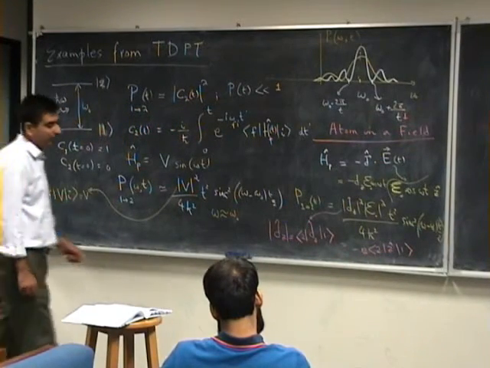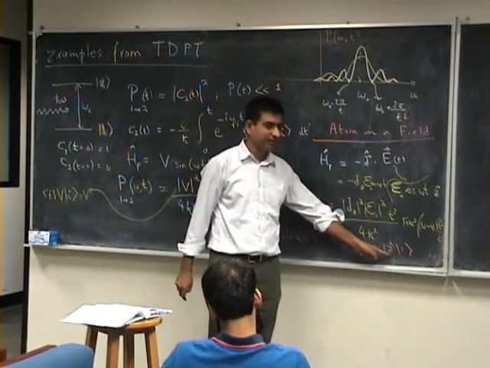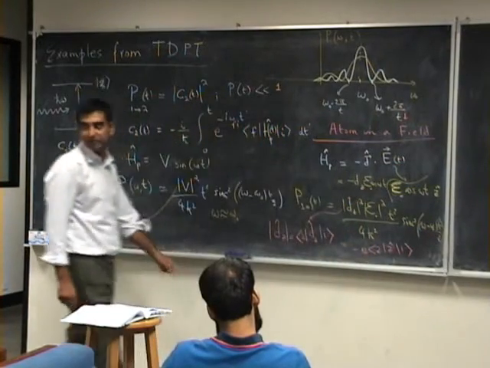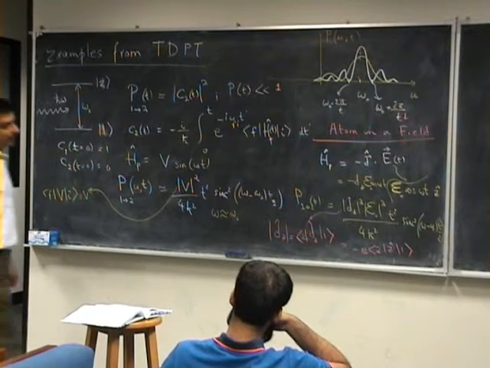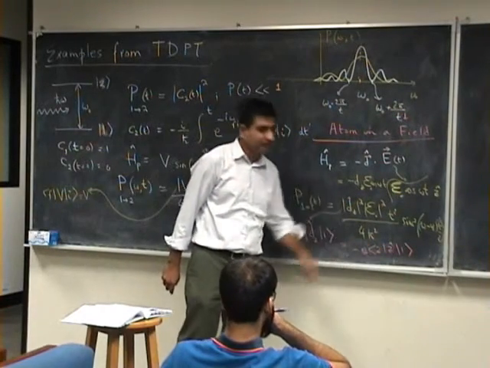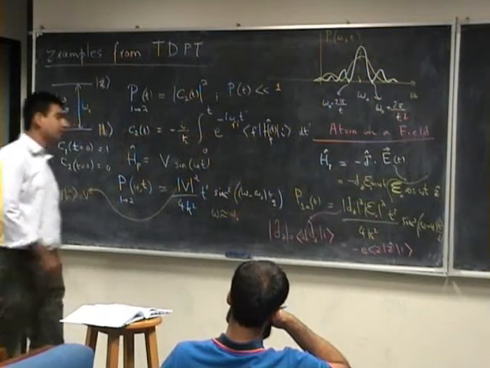So this is what the electric dipole operator is. It's minus the charge times the position operator.